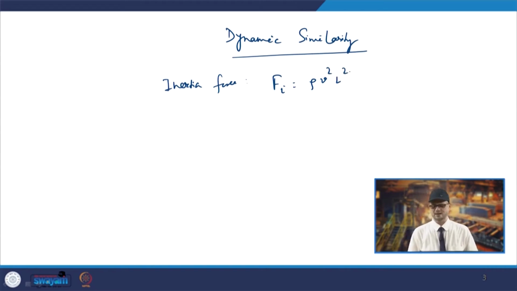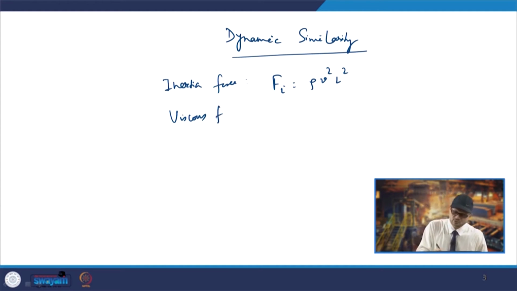So, that is your inertia force, and similarly if you talk about the viscous force, normally you have three kinds of forces which are commonly seen: inertia force, viscous force and gravitational force.